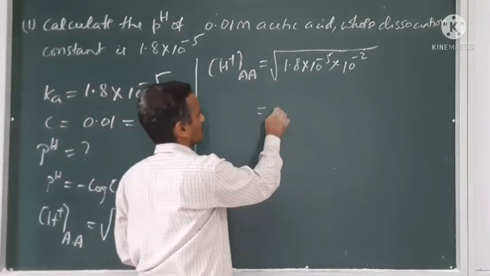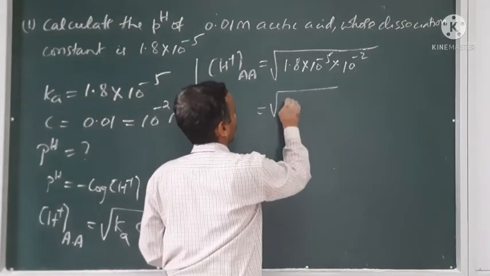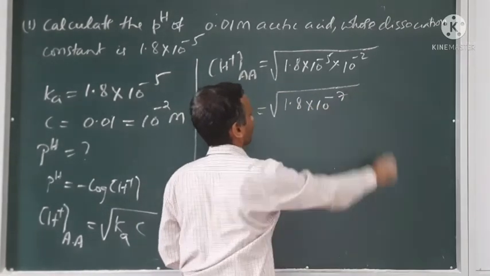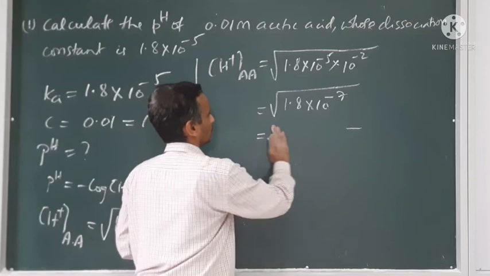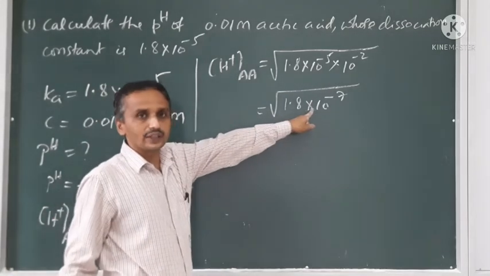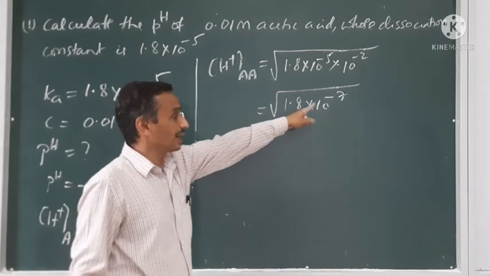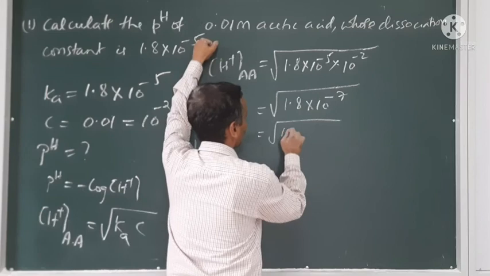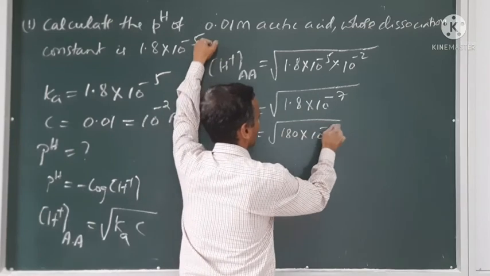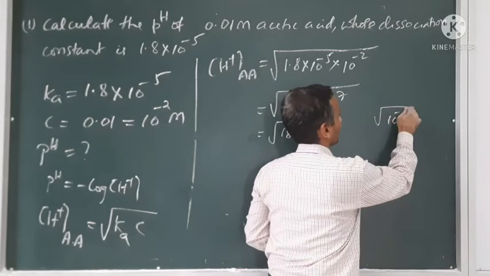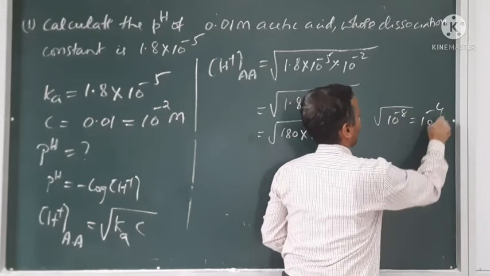So it is square root of 1.8 into 10 to the power minus 7. See, taking the square root like this is difficult. So what I do is, I will make it 10 to the minus 6. So square root of 180 into 10 to the power minus 8, because square root of 10 to the power minus 8 is 10 to the power minus 4.